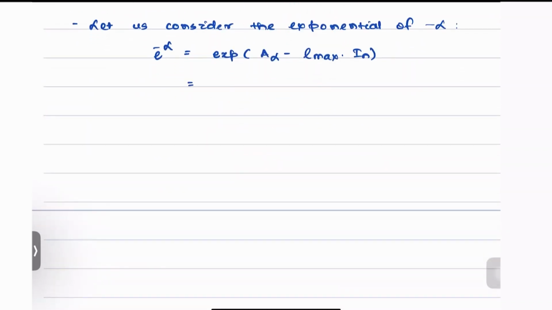So what can we write this as? It is the exponential of a summation of two terms. Hence we can express it as the product of the individual exponentials of both of the terms. Meaning this is e raised to the power AL times e raised to the power minus L max times In.